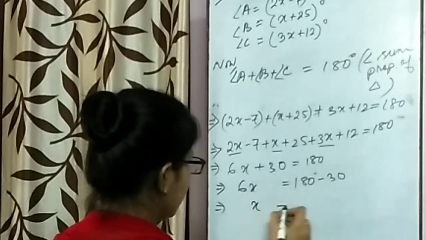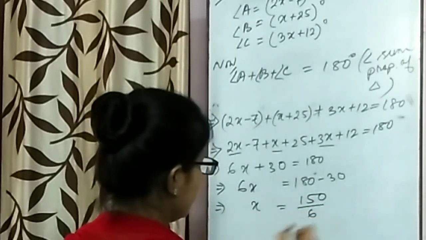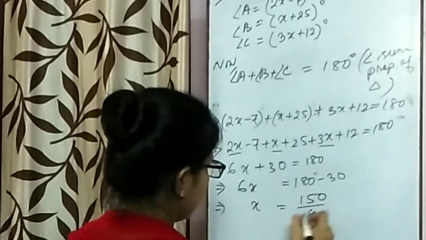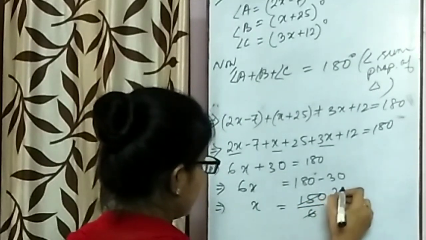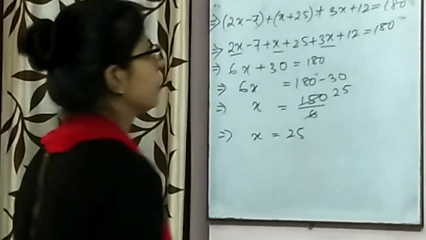So x is equal to 150 by 6. X is equal to 25.